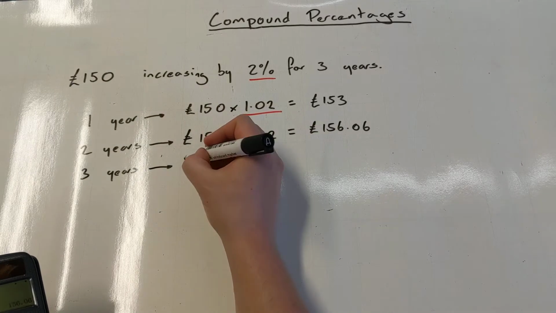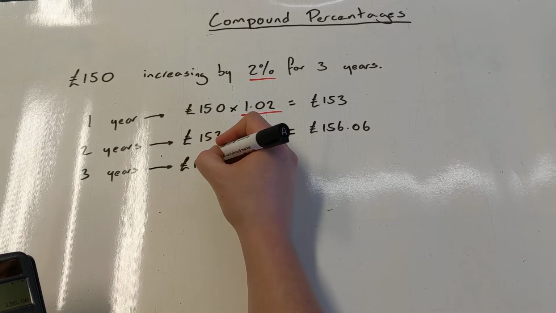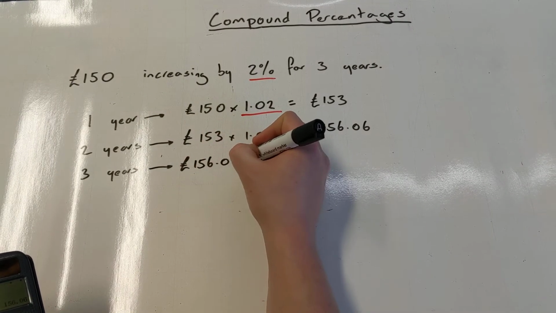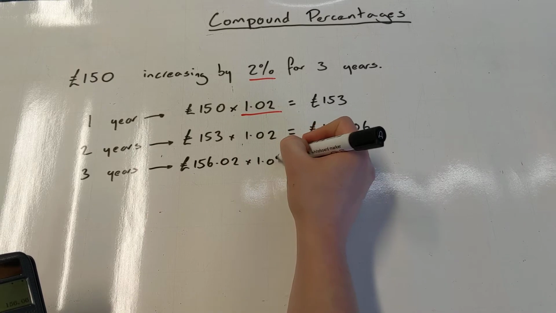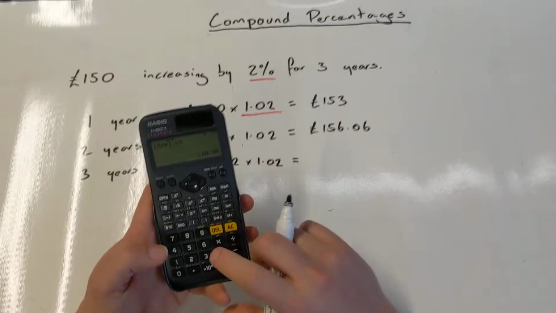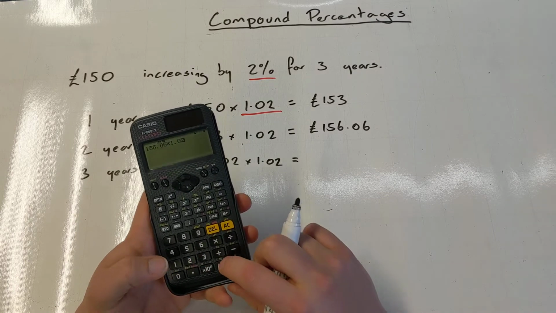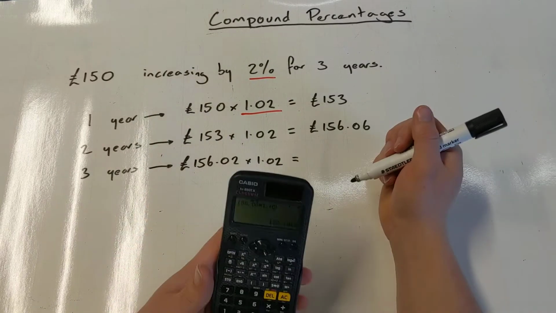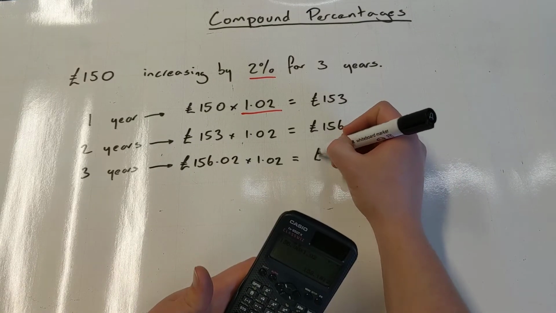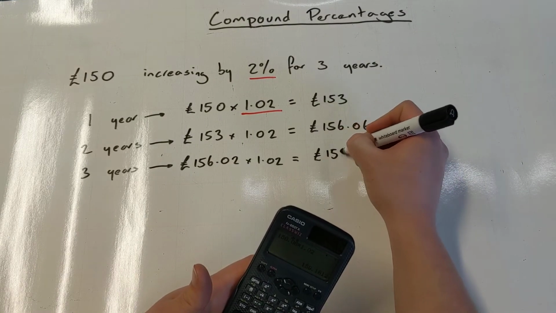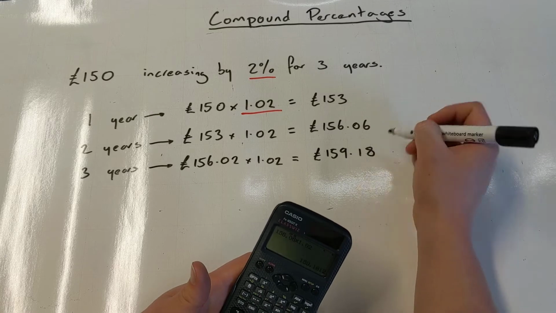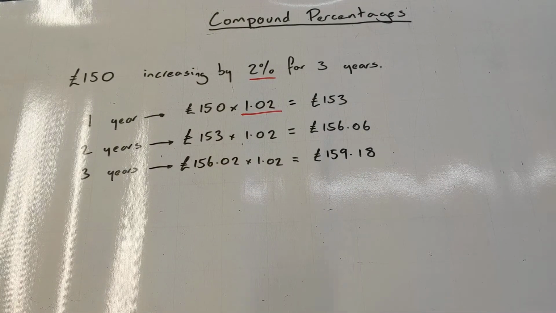Now it's £156 and 2 pence that's increasing by 2%, so times 1.02. 156.06 times 1.02 is going to give us £159.18. And so that's what my £150 has increased to after 3 years.